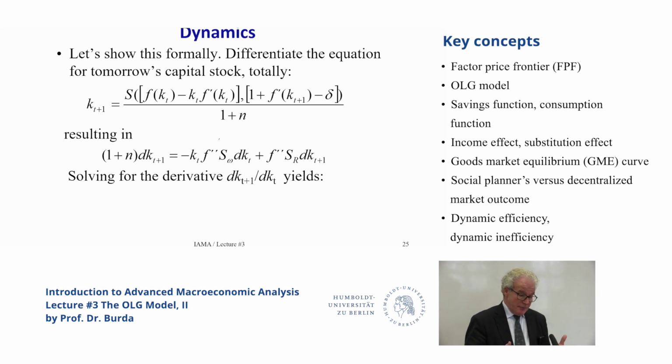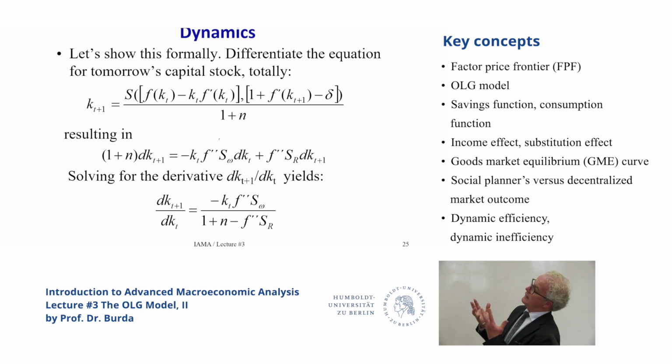But it's a nonlinear function, and to find the slope of that relationship, we have to differentiate totally and solve for dk dt, and you get this. So we want that thing to be, as we said before, less than 1. That's going to be a formal condition. We won't do this on a final exam, but it's something to know.